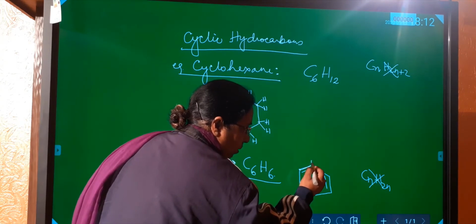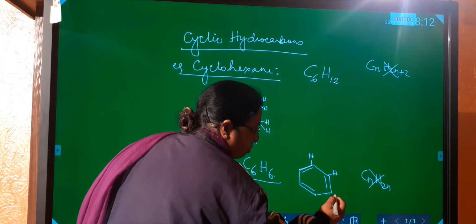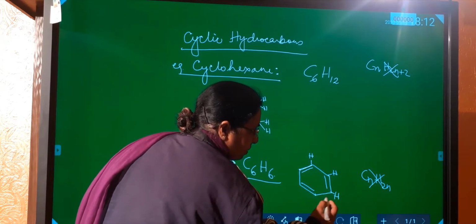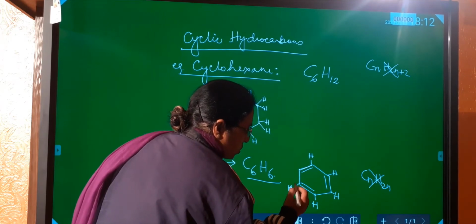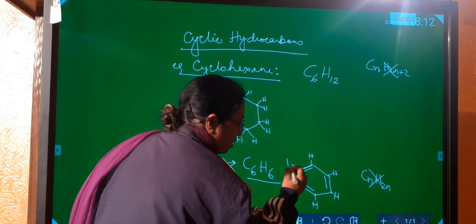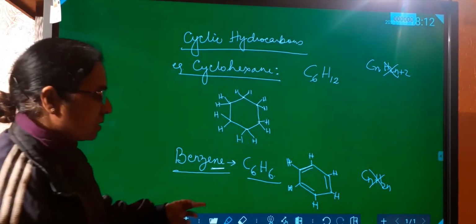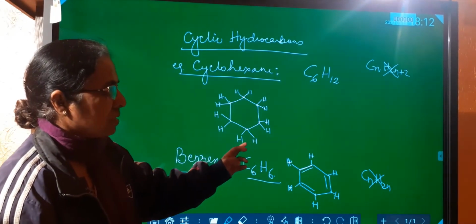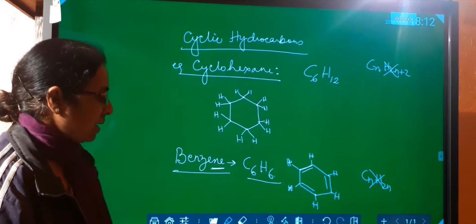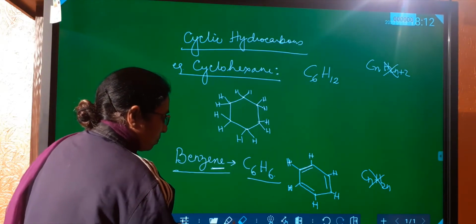So all that you have to do is draw one H over here and complete the tetravalency of carbon. Alright, so this is C6H6, which we call benzene, and this is C6H12, which we call cyclohexane. Alright, now we have learned about hydrocarbons.